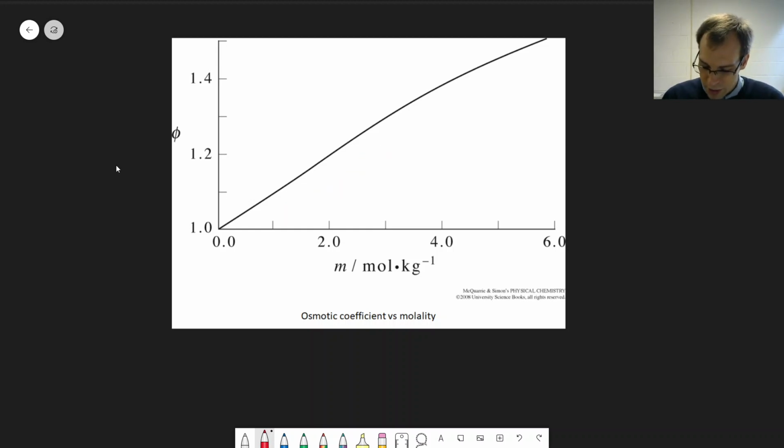Now, how would we actually use this to calculate activity coefficients and activities so that we can use those in, say, equilibrium calculations? We have our data here, and similar to what we've seen in a few spots, if we have this empirical data, we can fit it to some sort of function, and a polynomial makes sense.